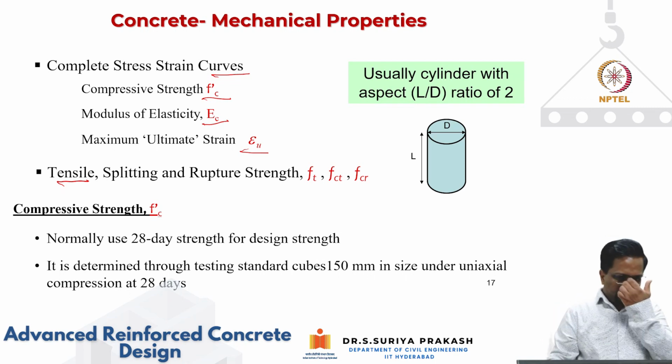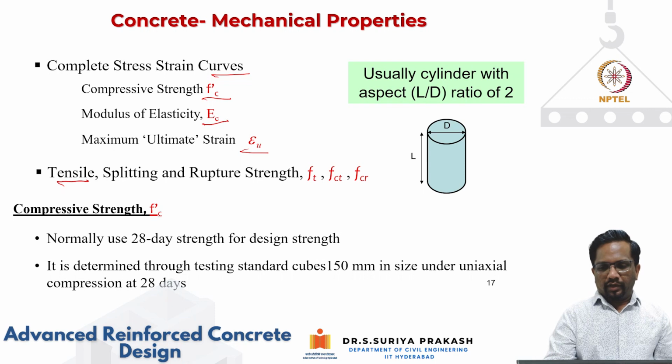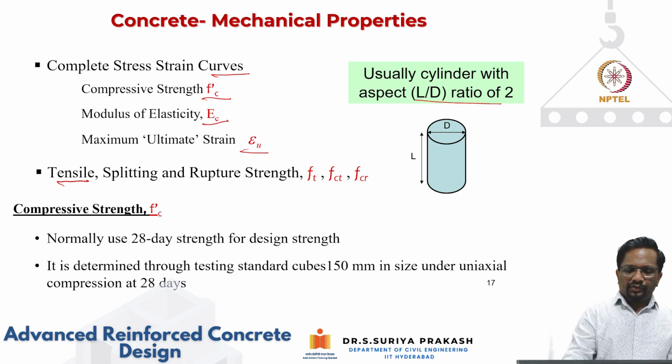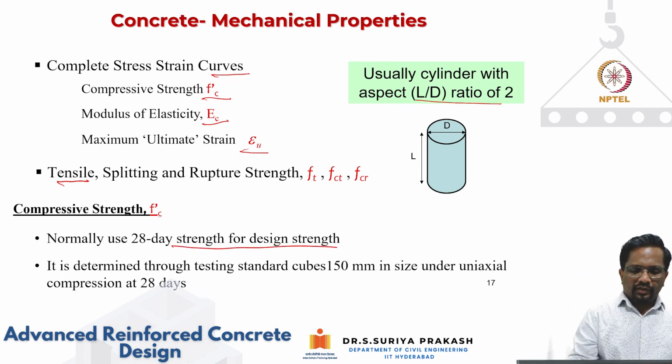For compression, if you want the accurate, actual material properties, you need to test a cylinder with an aspect ratio of 2 to get the actual stress-strain curve of concrete. For design purposes, we usually use the 28-day strength.